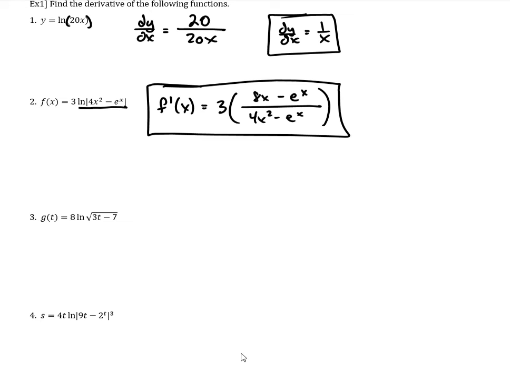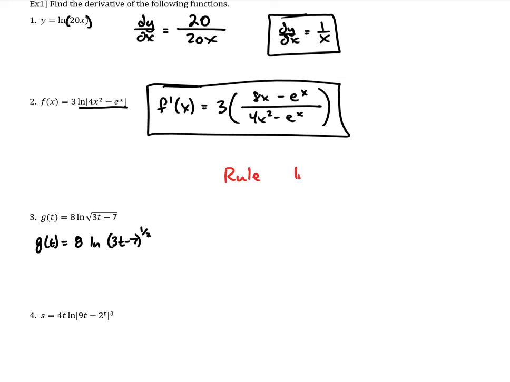So on number 3, just like always, when you see that square root, it's probably worth it to rewrite it so that it's written like this. Well, let's add one rule here that's very useful for us.